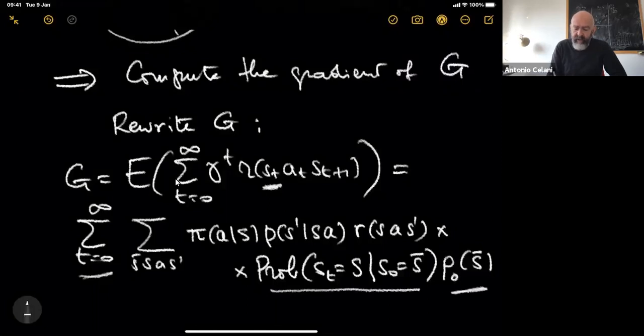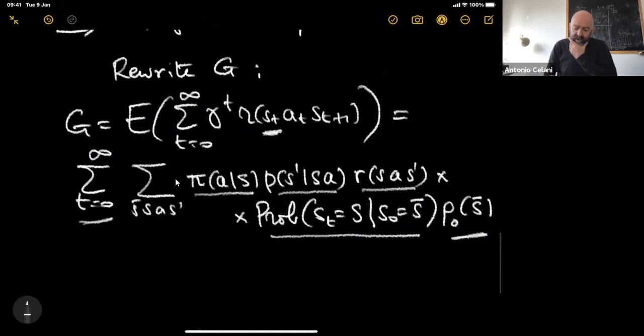We will unroll it in a second. Once I am in state S, I pick an action A with probability pi. I end up in a state S prime with this probability, and I receive an average reward, this. So this is just the explicit way of writing this object.